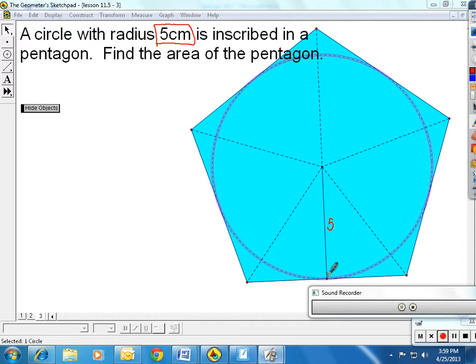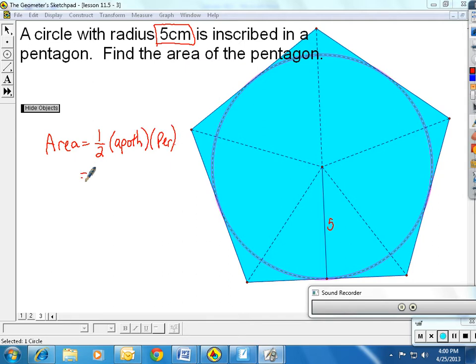So the circle was only helpful insofar as telling us what the apothem is. Now, if I know the radius is 5 centimeters, how do I find out the area of this polygon? Okay, so the area is going to equal 1/2 times the apothem times the perimeter.